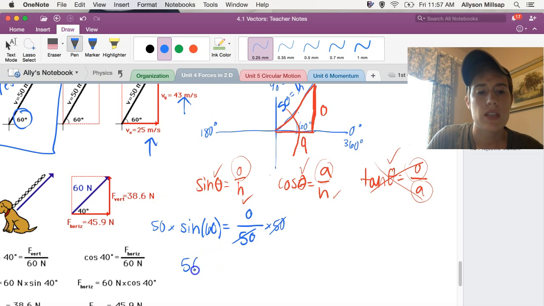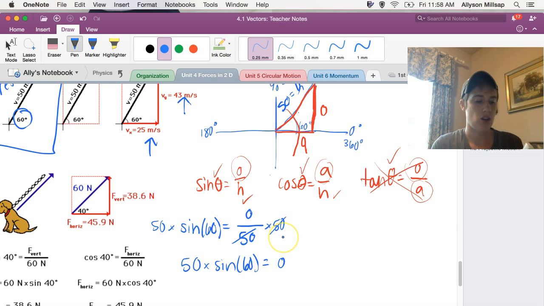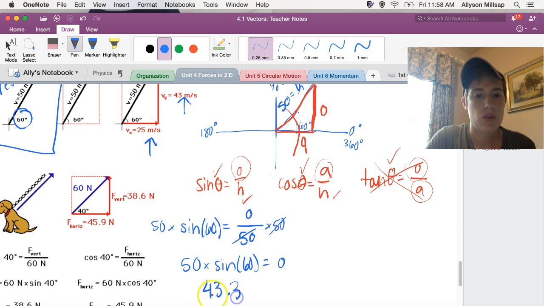So I have 50 times the sine of 60 is my opposite. That's not a 0, by the way. That's an O. So I just plug that in. 50 times, and I press sine in my calculator, and then I put 60 in parentheses. And my opposite vector is 43.3, and I think we're doing speed, so that's meters per second.